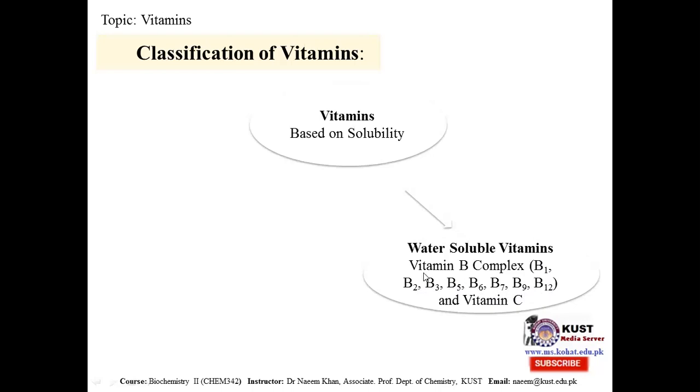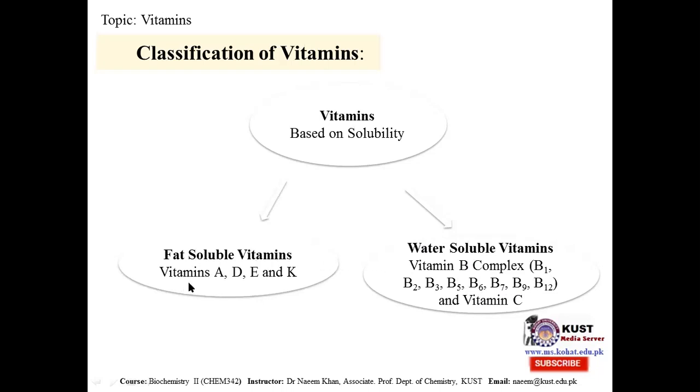Vitamin B complex is a complex of 8 vitamins, and also vitamin C. These two, vitamin C and vitamin B complex, they are soluble in water, so they are called water soluble vitamins. Next class is the fat soluble vitamins, the vitamins which are soluble in fat solvents, not in water.